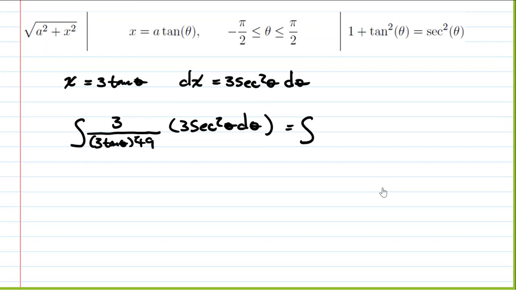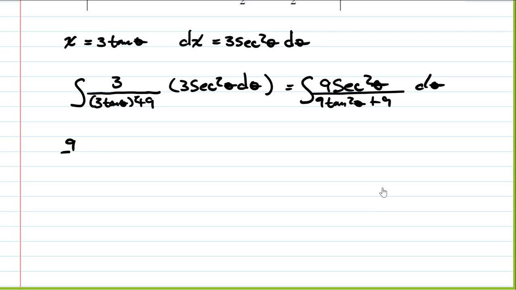So this gives us 9 times secant squared theta, and in the denominator we end up with 9 tangent squared theta plus 9 d theta. We factor out our common factor of 9 in the denominator, and we have a factor of 9 in the numerator. Pulling both of those out of the integral, they're going to reduce out anyway. Leaves us with secant squared theta in the numerator and tangent squared theta plus 1 d theta.